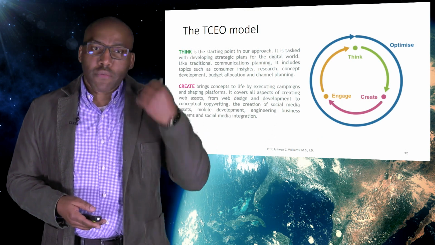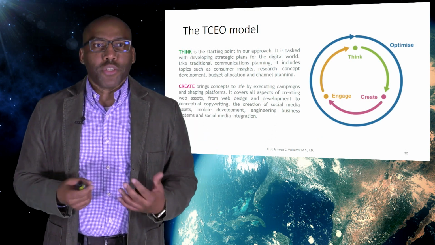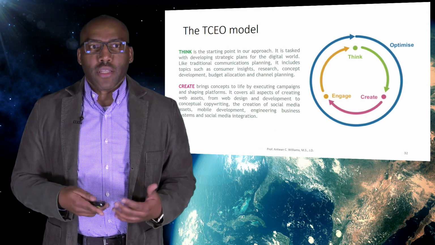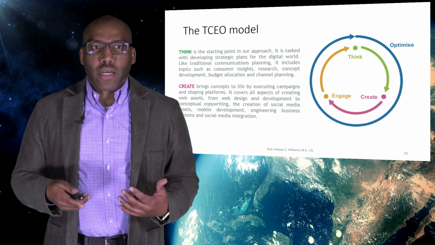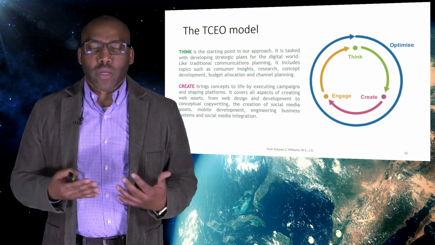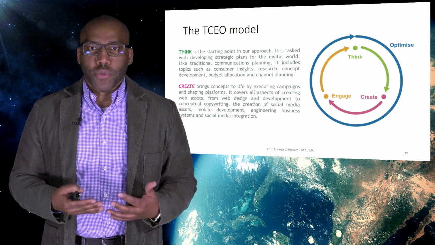The other part, and this is out of the reading, so I'm not going to go into detail, but I want you to understand the TCEO model of think, create, engage, and then optimize. You want to think about your strategic approach, or your starting point approach, on how you're going to do your product.